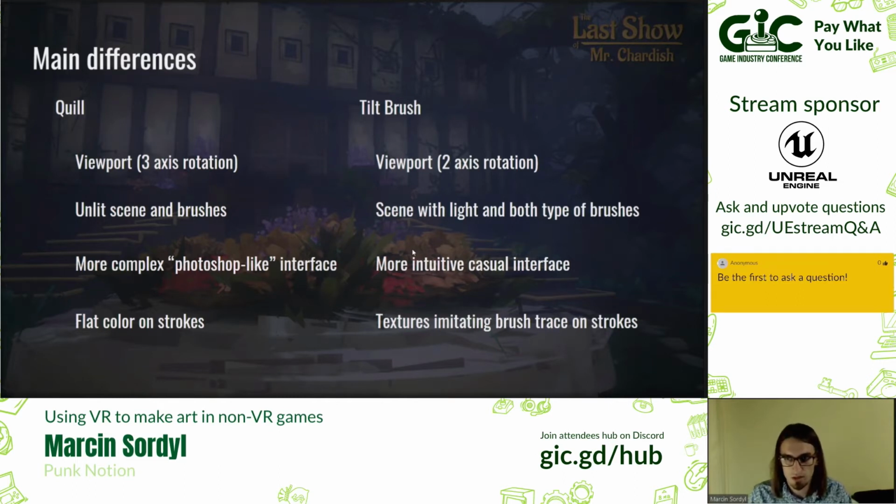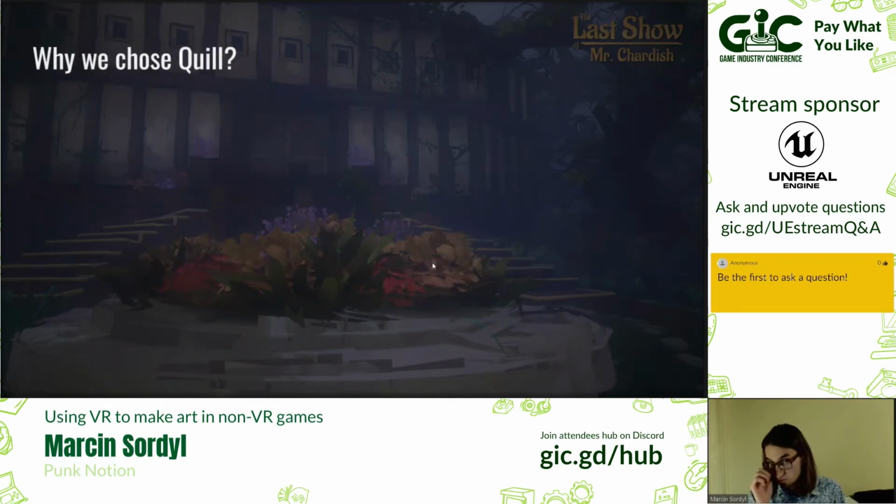Okay, so you see that both of them have some pros and cons. But why did we decide on Quill in the end? We decided that we can manage with a less intuitive tool if we can have more powerful tools with more options, and especially optimized options, but I will talk about that later.